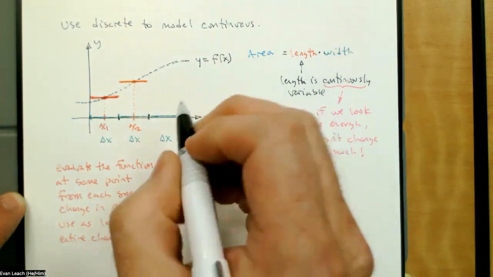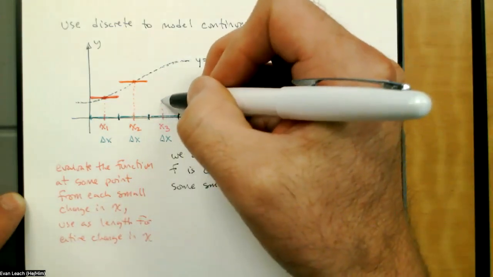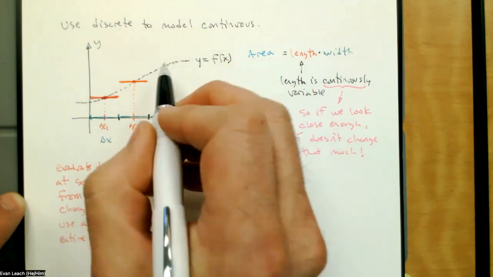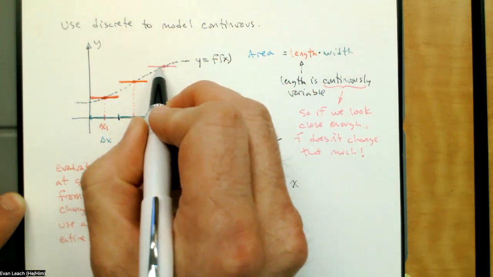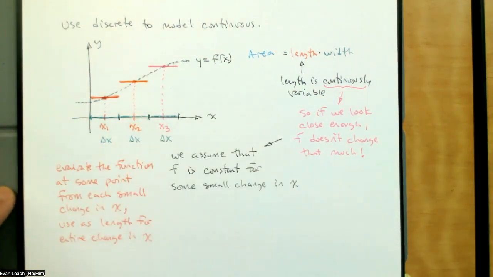And then I'll pick another point, x3, and evaluate the function there. Instead of having this continuously changing function, I just flatten that out, because I'm not really going that far from the function since I'm looking at a small interval delta x. So now I'm just looking at a low resolution version of this continuously changing function.